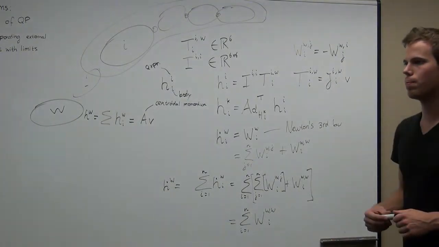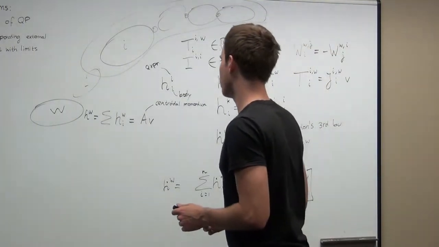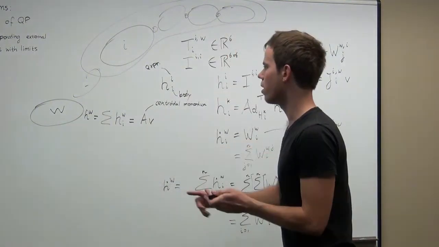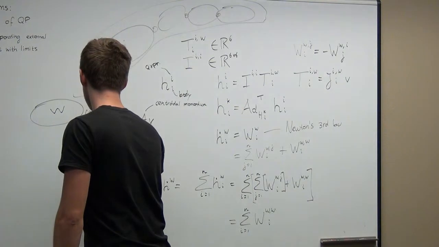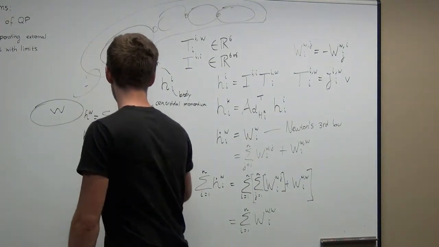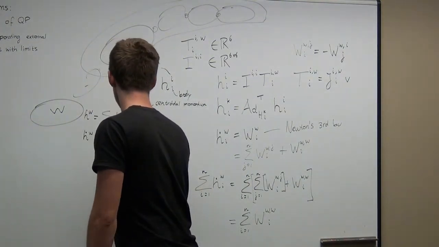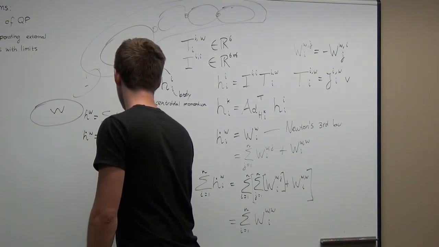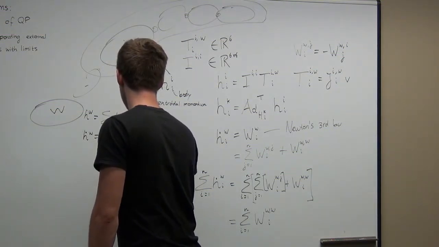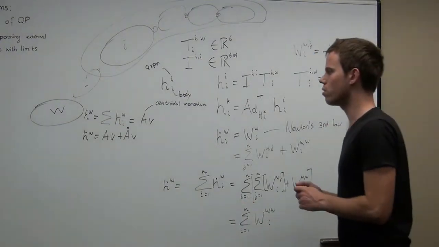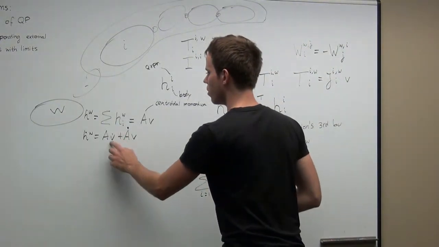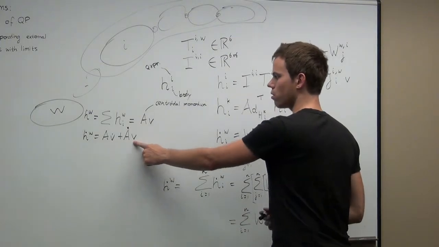So you can write this, and if you take the derivative, h dot w is A v dot plus A dot v. So this is linear in both the joint accelerations and the joint velocities.